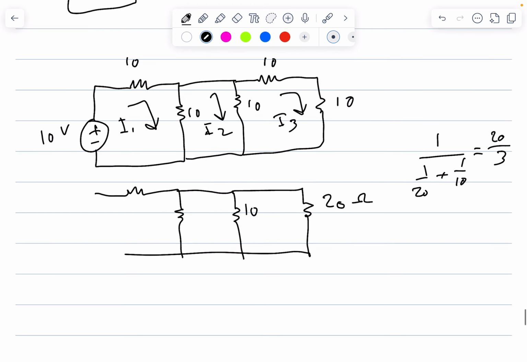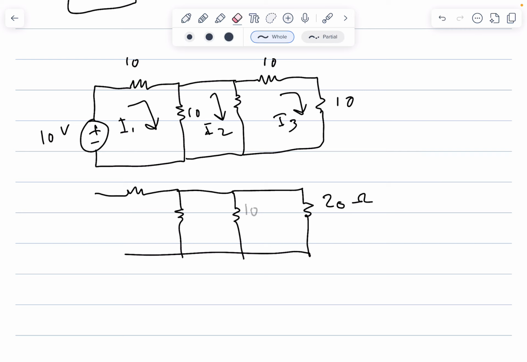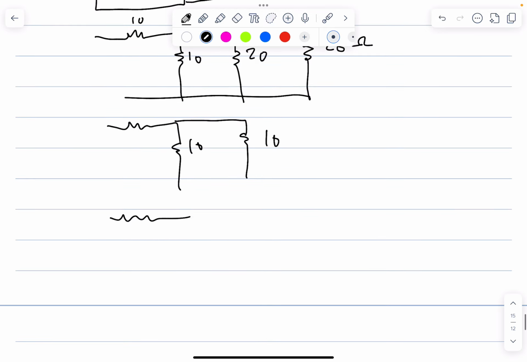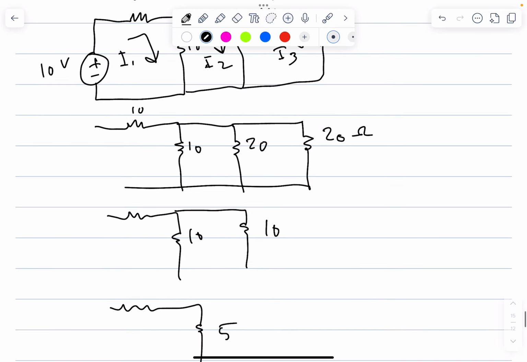Actually, you know what? I'm going to make this easier for myself. And I'm going to change this resistor to be 20, right? So now when I have 20, this will now be 10. Right? So now I have 20 in parallel with 20. I know that's 10. 10 in parallel with 10. I know that's 5. This is 10.